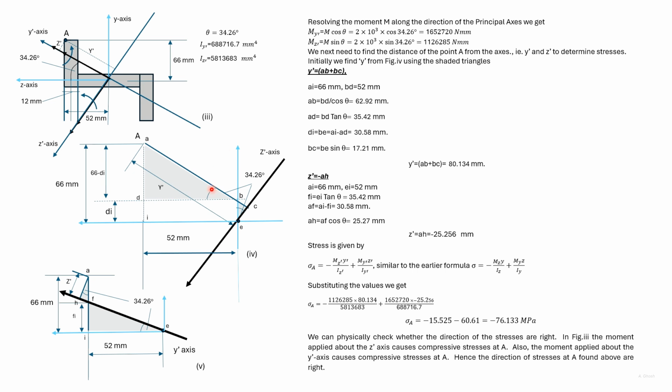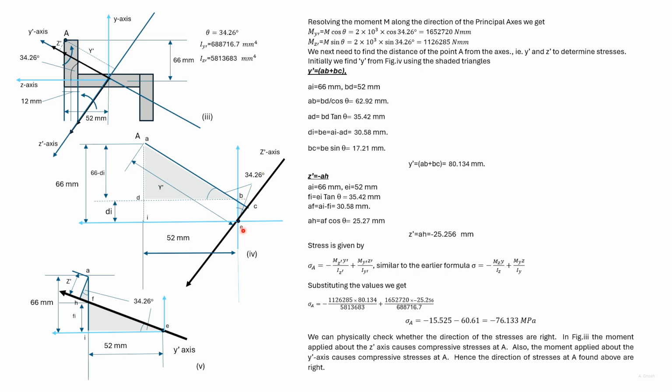This angle is theta. So knowing DP, we can find out AP and AT, which has been found out here. Since we know AI and now we know AT, we can find DI, which is also equal to BE. So we have found out DI or BE here.